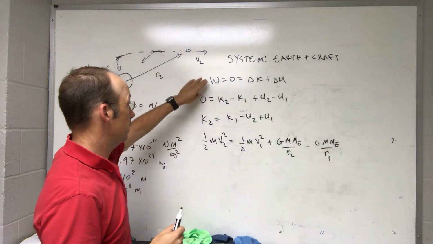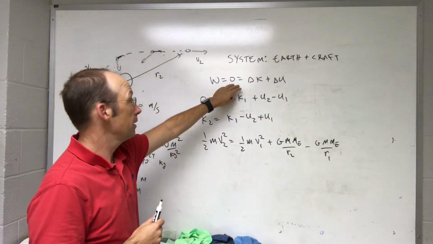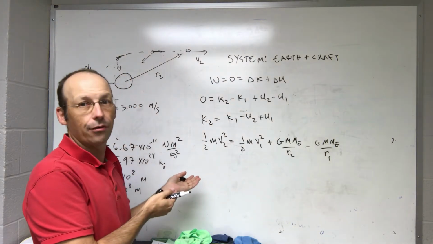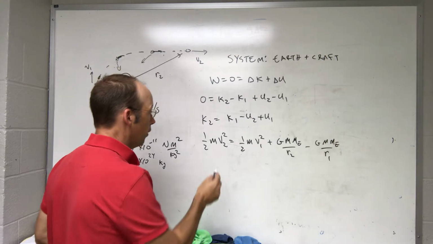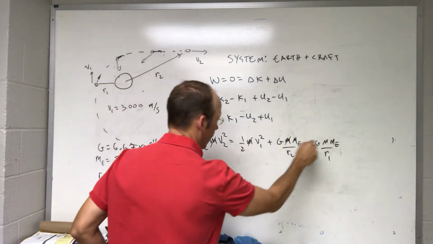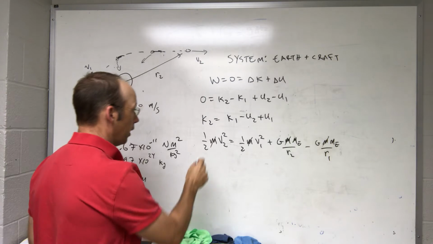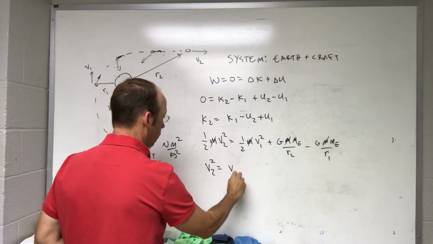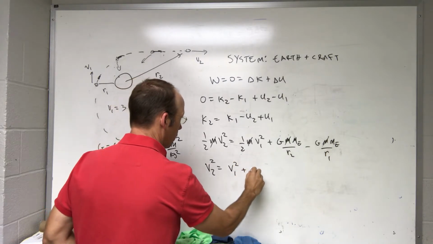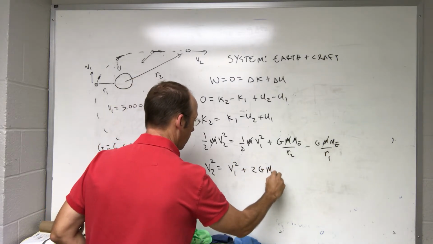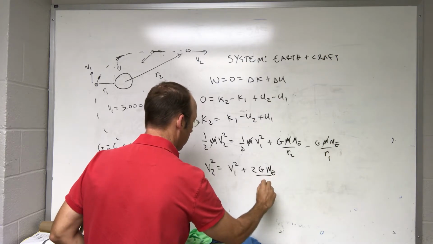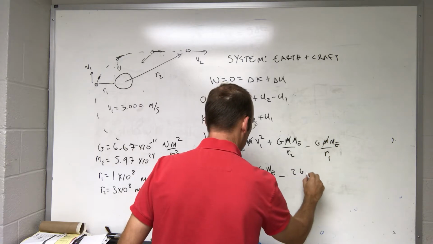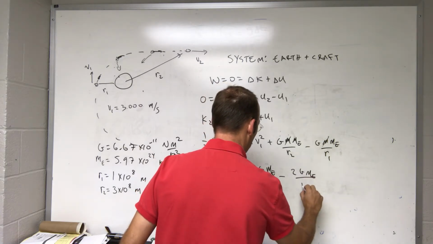So all I did was pick my system, set that equal to the change in energy, and then get to the one that I don't know, which is velocity 2. You'll notice here that the mass of the spacecraft cancels. So I can multiply by 2, and I get V2 squared equals V1 squared plus 2 G M Earth over R2 minus 2 G M Earth over R1.